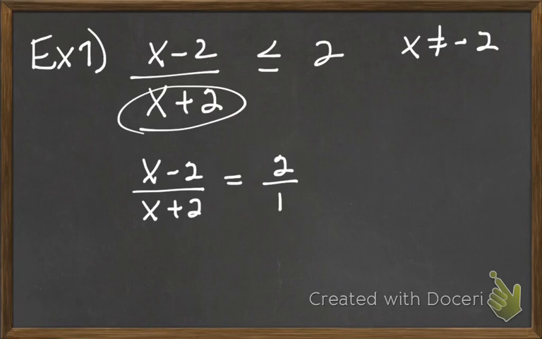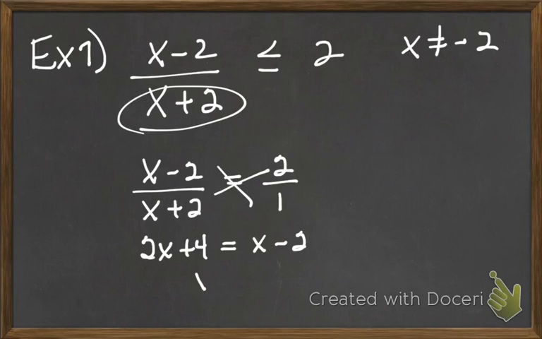So once you do your excluded value, think of that less than or equal to as an equal to, and you have a nice little proportion, and then you can cross multiply. That's going to give you 2x plus 4 is equal to x minus 2. And then you'll solve that equation for x, and you'll get x is equal to negative 6.